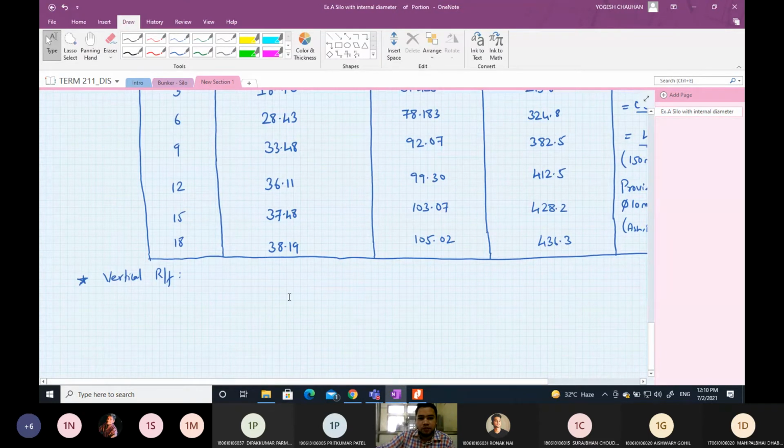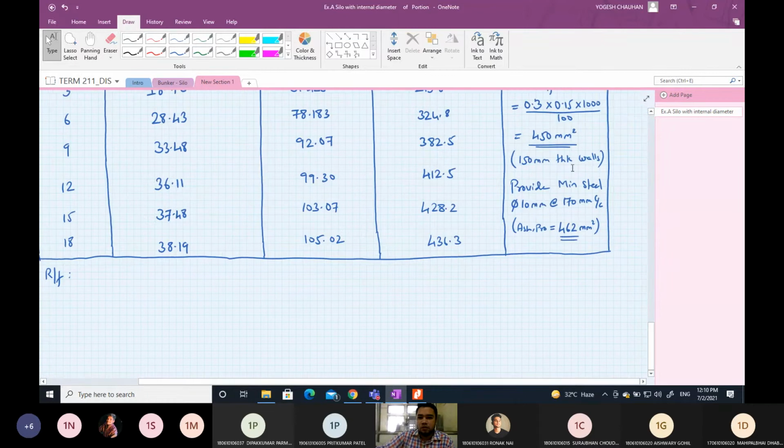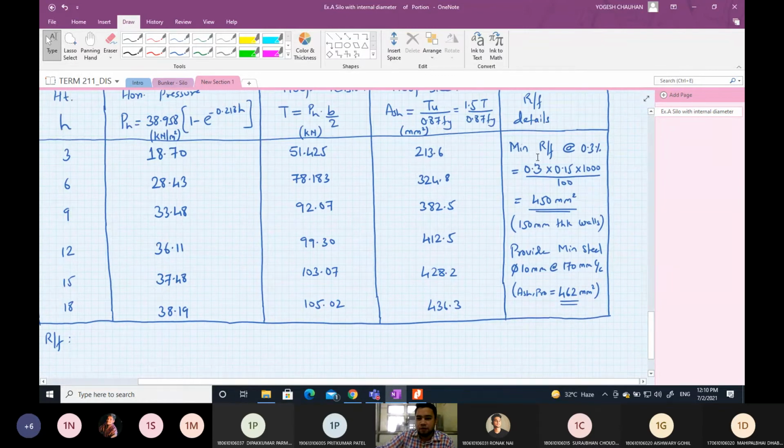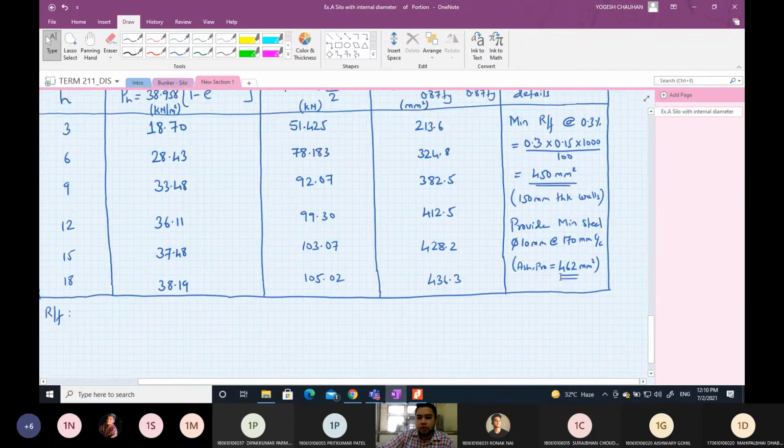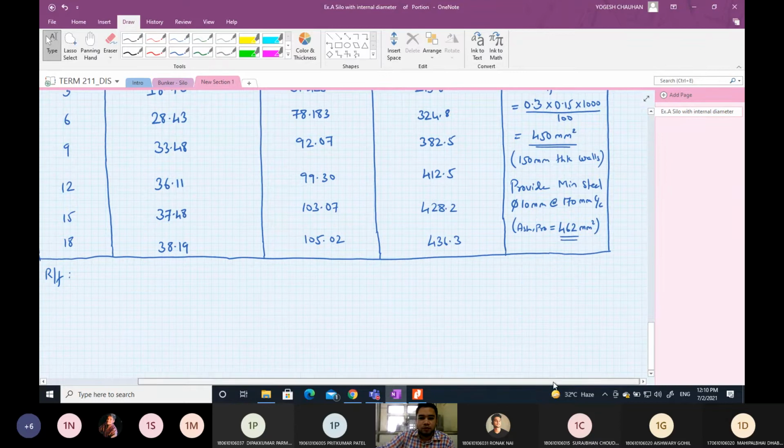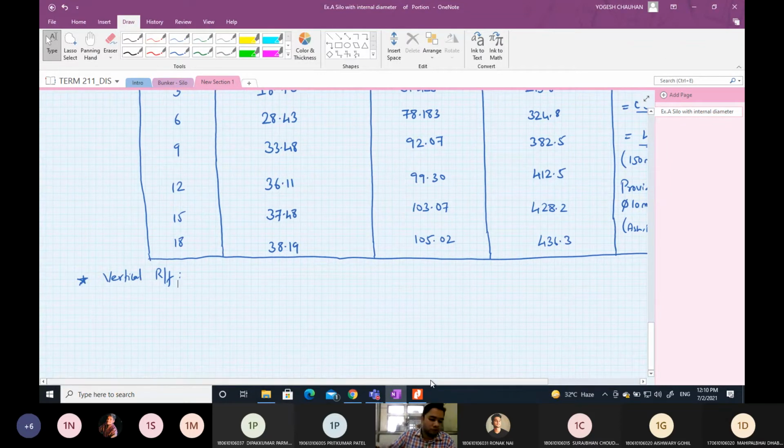So the steel required will also be governed by the minimum requirement, that is 450 mm square. So we provide the same reinforcement for vertical steel also. For vertical steel provide 10 mm at 170 mm center to center.